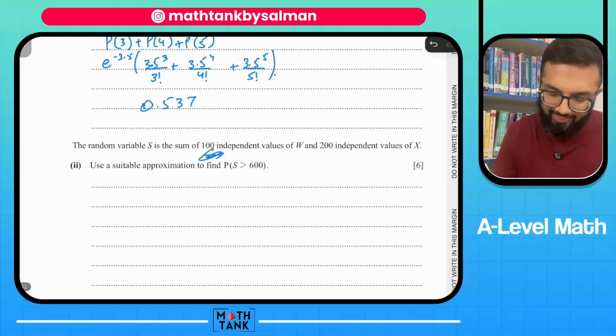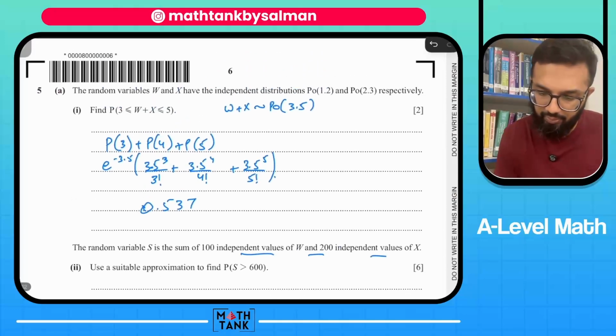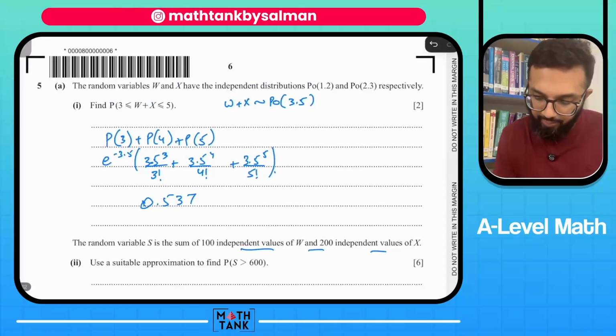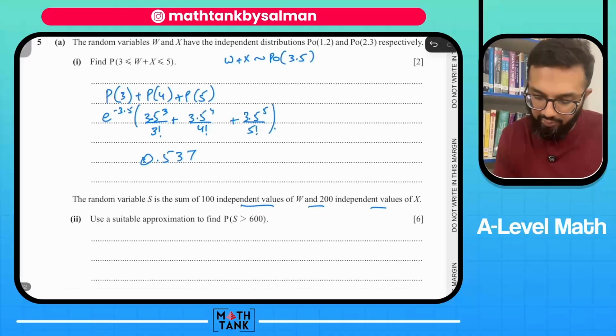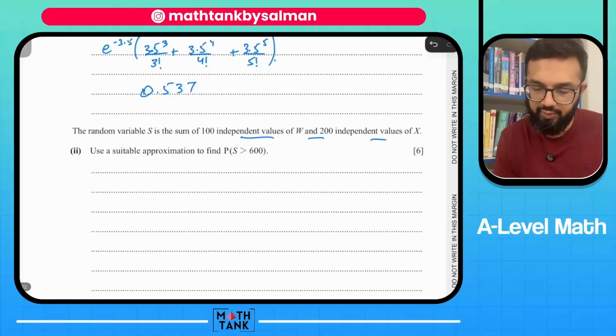The random variable S is the sum of 100 values of W and 200 values of X. Very similar to the November question that we did. Use a suitable approximation to find the probability of S greater than 600.